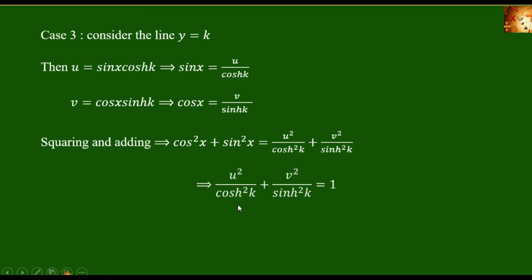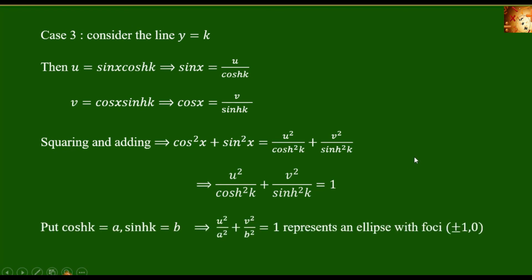That is u square by cosh square k plus v square divided by sinh square k equal to 1. Take a as cosh k and b as sinh k. The equation becomes u square by a square plus v square by b square is equal to 1, which corresponds to an ellipse. So y equal to k is mapped onto an ellipse.